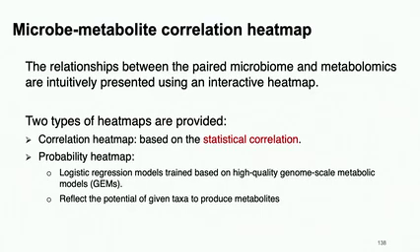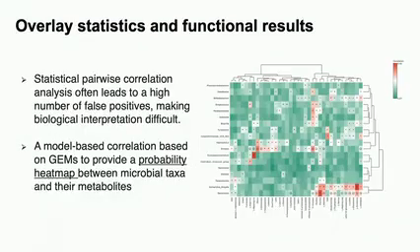So this allows you to merge different evidence. This is just a simple correlation network, and on top of it you overlay the probability that those microbes can produce those metabolites.